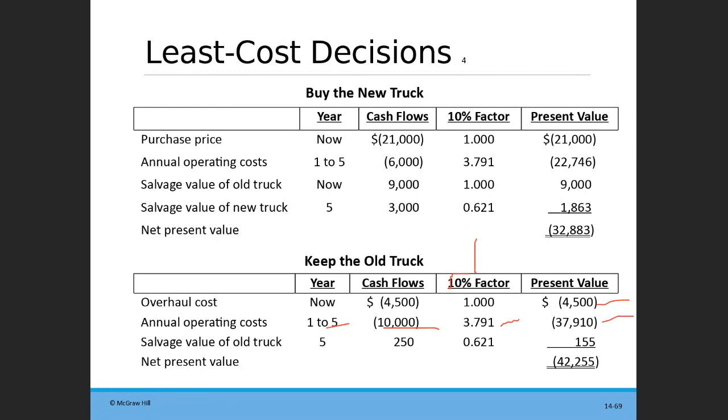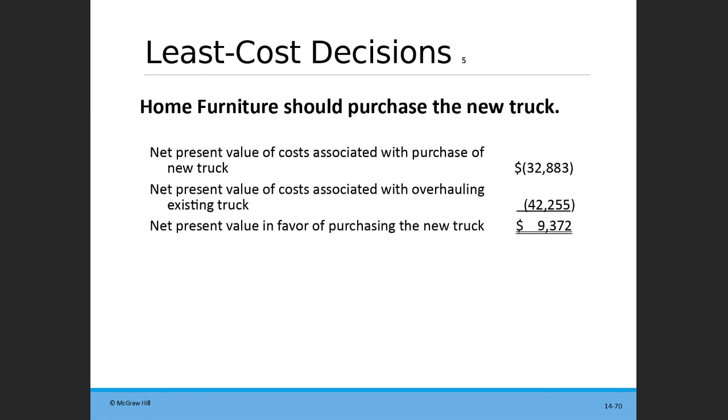If 5 years from now I sell the old truck for $250, well, that's $155 in today's present value after the discount rate. And so I take 4,500 minus 37,910 plus 155, and the net present value of the old truck is minus 42,255.